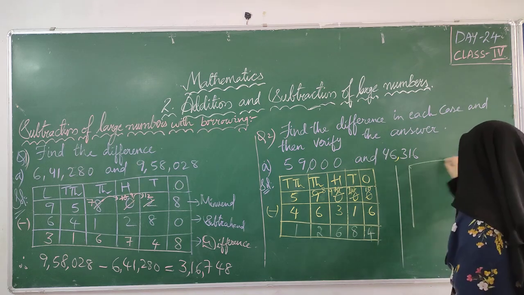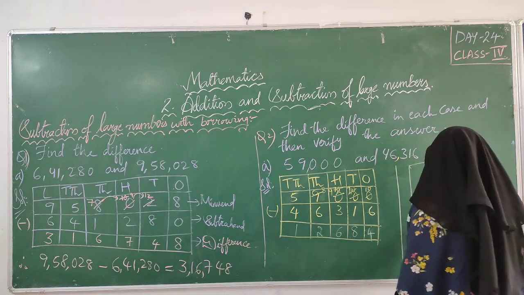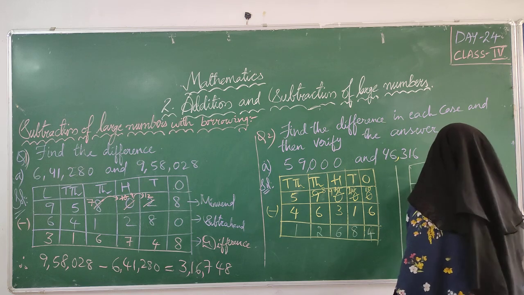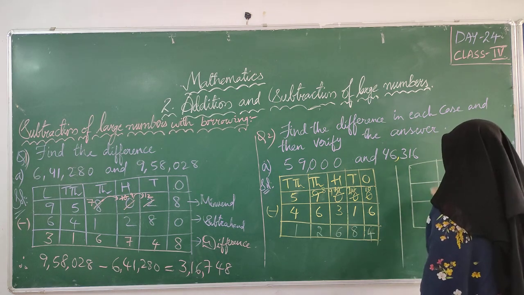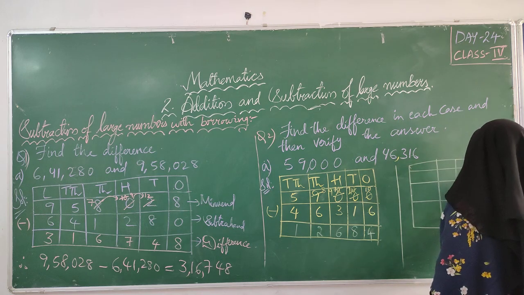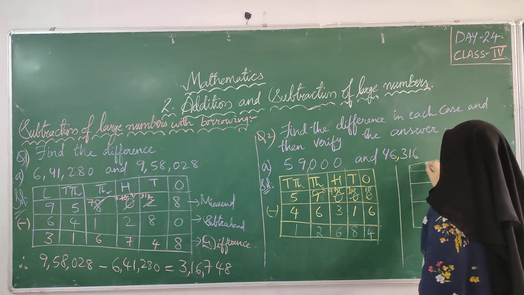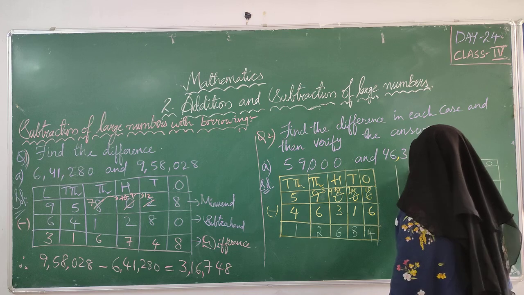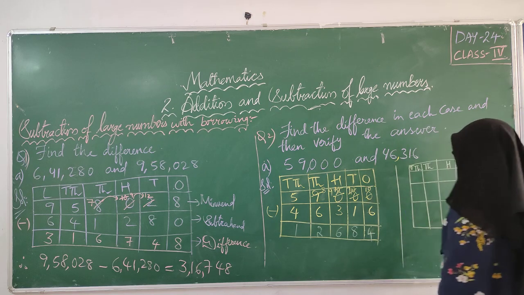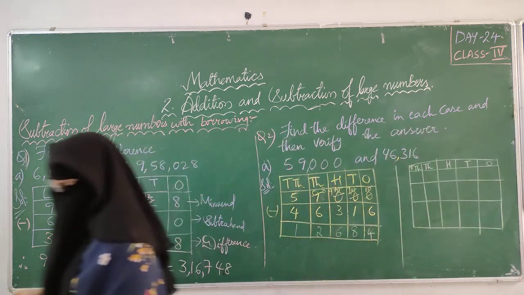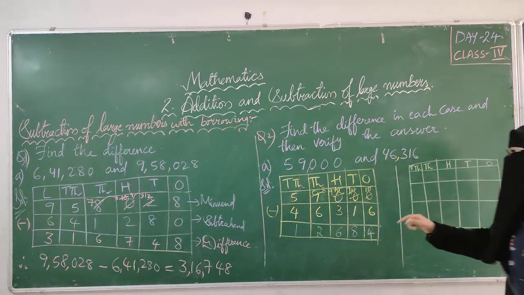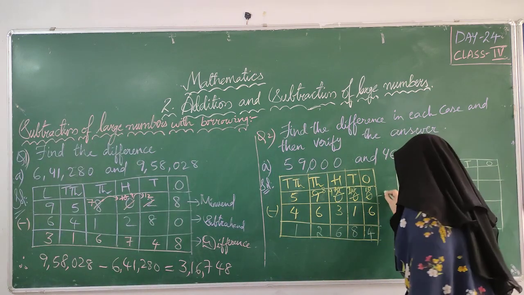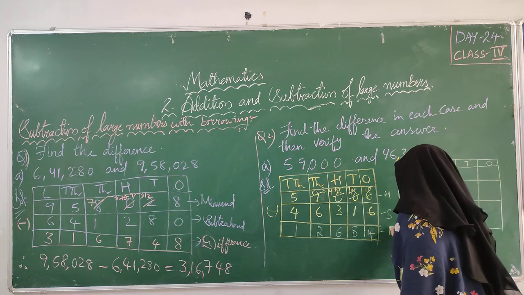So in order to verify the answer, we have to add these numbers. Ones, tens, 100, 1,000, 10,000. Okay. See here, this is our minuend, this is our subtrahend, this is our difference.